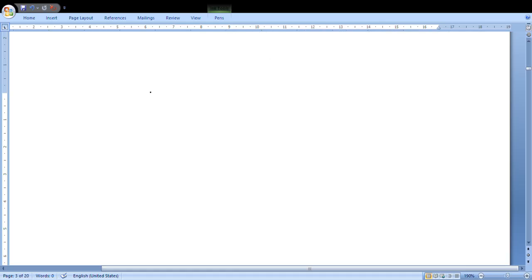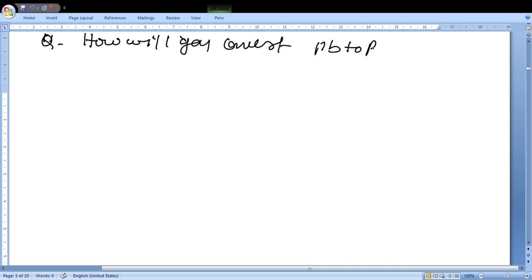Now, next is how to prepare. The board is asking the question: how will you convert Pb to PbCl2, this is the first point, and the second point is Pb to PbSO4.